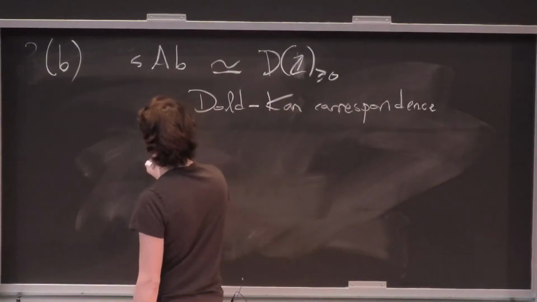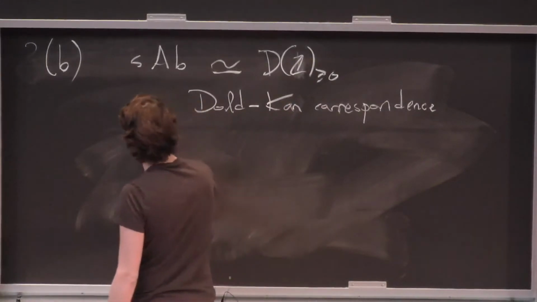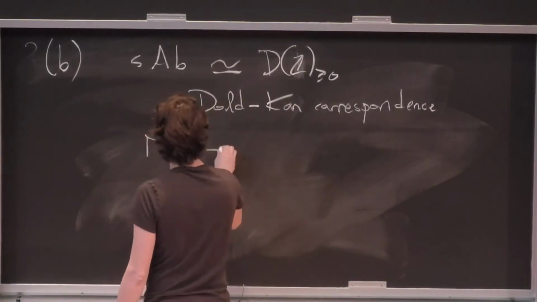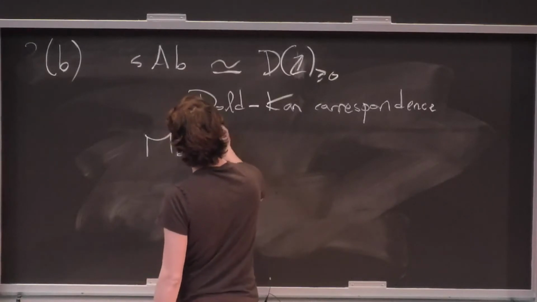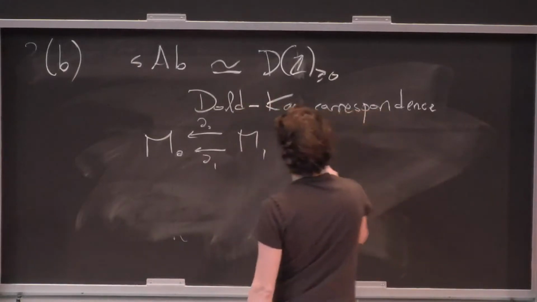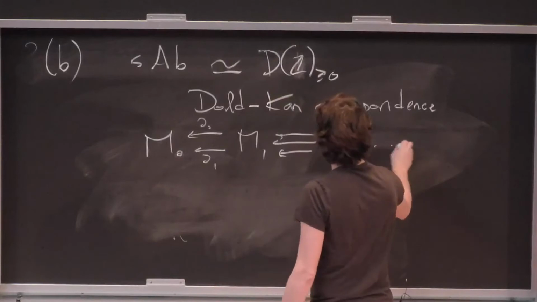It takes a simplicial abelian group, and let me call such a thing just M dot. And let's look at the low degree information I have. I have these two face maps coming from the simplex category. I have three face maps and so forth.